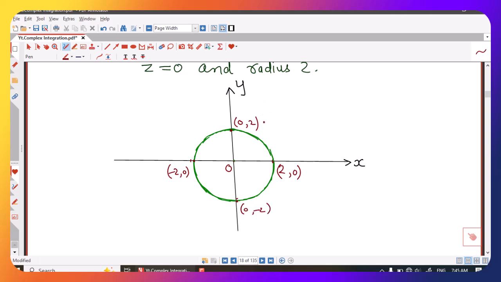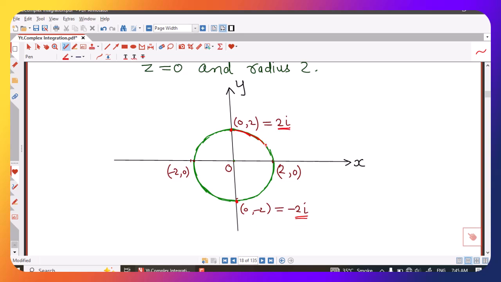If we want to write in the notation of x plus iy, then here x is 0 and y is 2, so 0 plus 2i, that is 2i, and here 0 minus 2i, that is minus 2i, and we have to consider only the right half of the circle between these 2 points, from z equal to minus 2i to z equal to 2i.